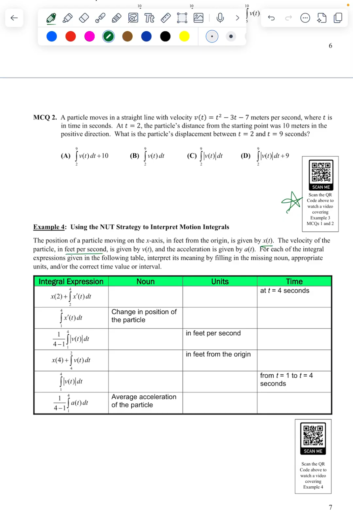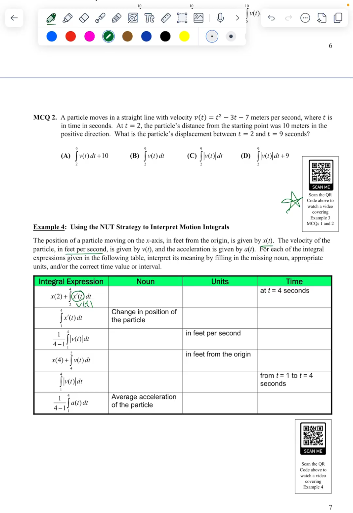Well, in this case, it's the integral of x prime of t, right? The integral of this derivative is just going to be x of t. So x prime of t is v of t, right? So this is like saying the integral of velocity.